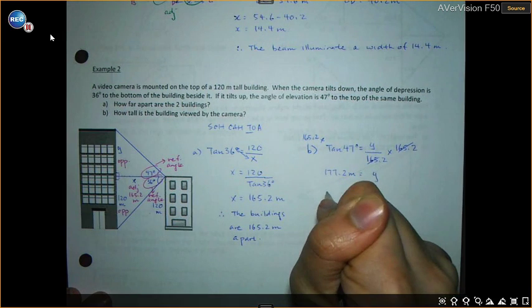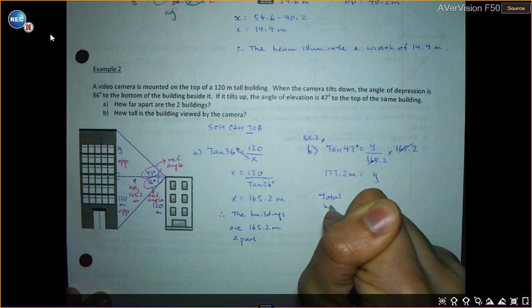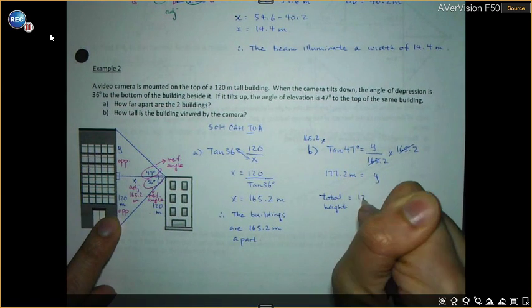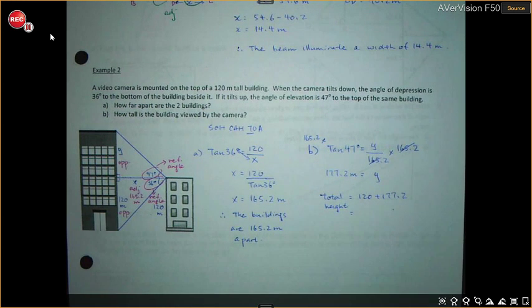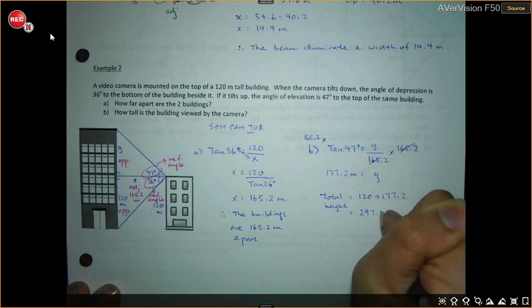And the total height will be 120 plus 177.2, which would be 297.2 meters.